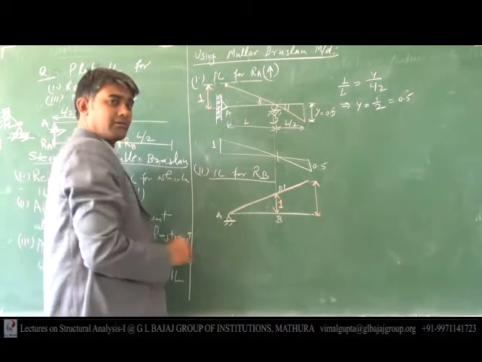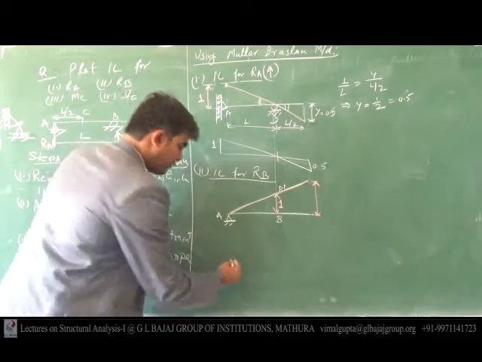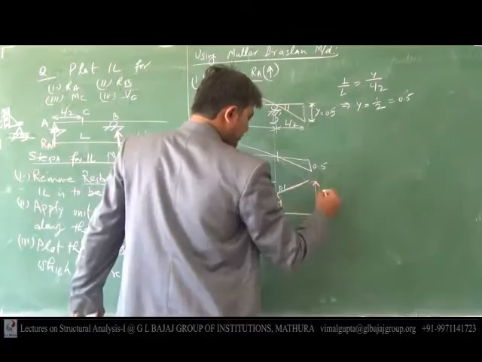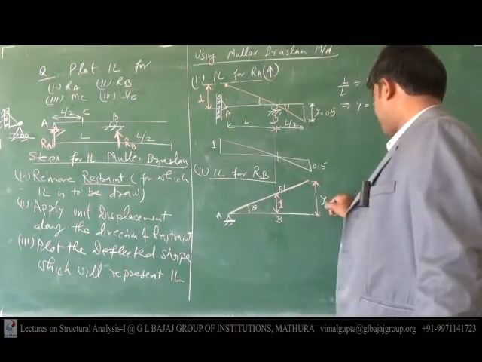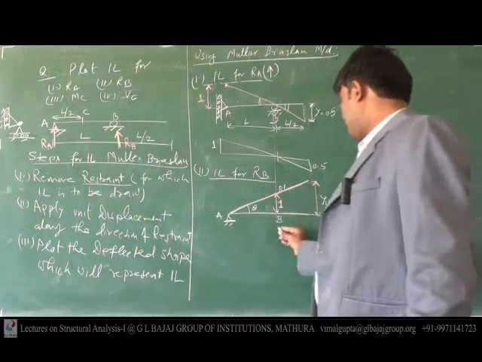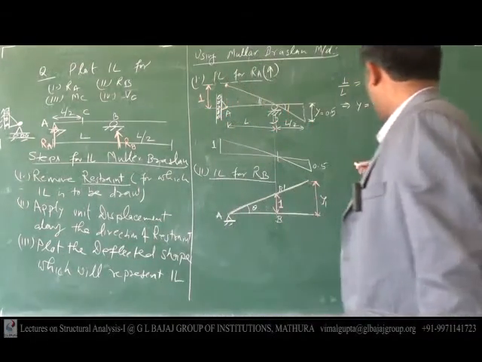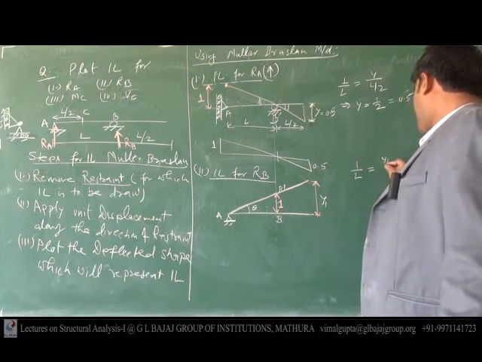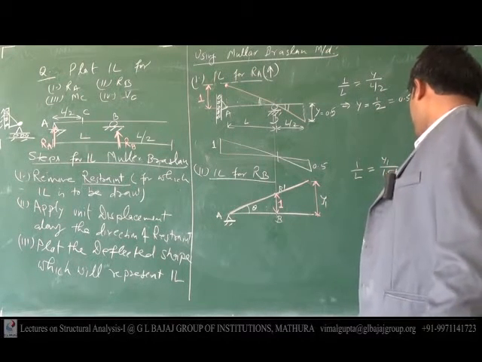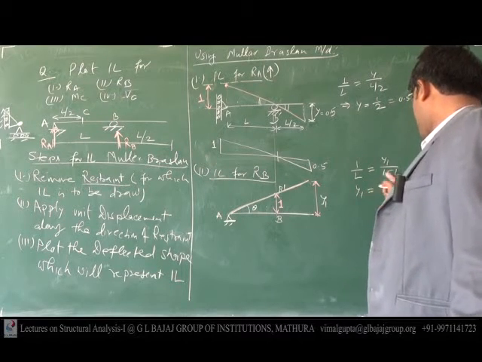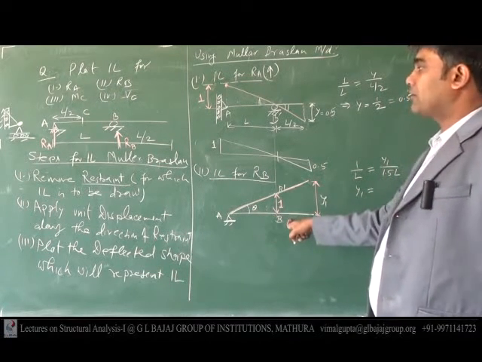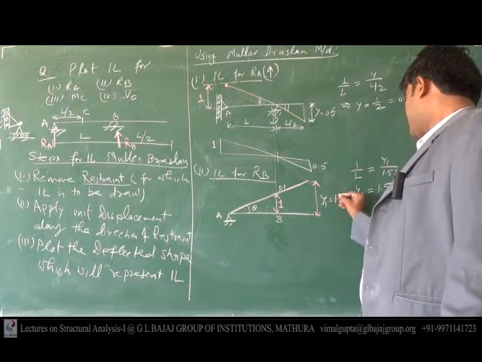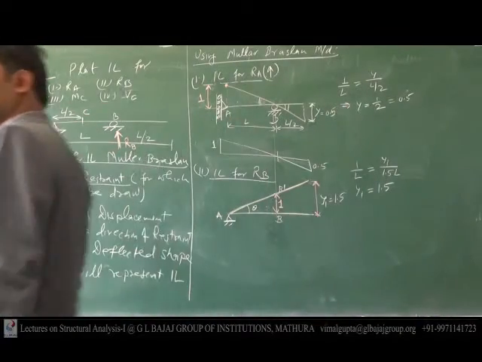So simply, if this angle is theta, if this is y1, then 1 divided by this distance, you know very well, it is L. 1 divided by L is equal to y1 divided by 1.5L. So y1 equals L plus L by 2, 3 by 2, 1.5.